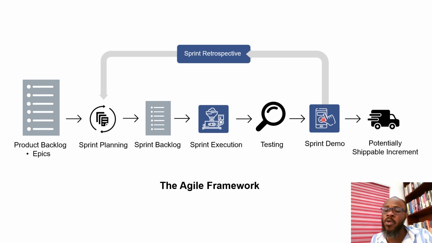If it's not good, whatever issue we uncover, it is fed into the sprint backlog, okay, for it to be addressed. And then, of course, after every sprint demonstration, we perform a sprint retrospective in order to uncover areas that require improvement so the team can become better and better. So this is the generic agile framework.